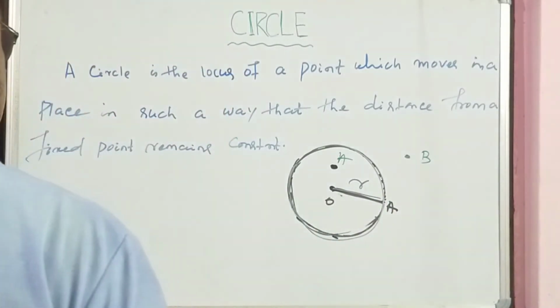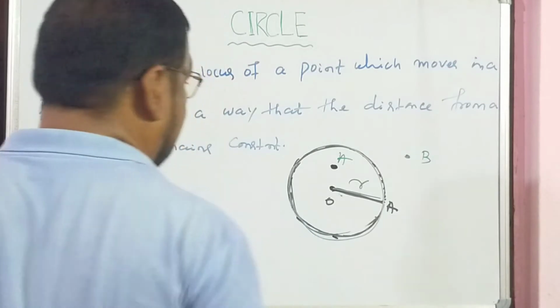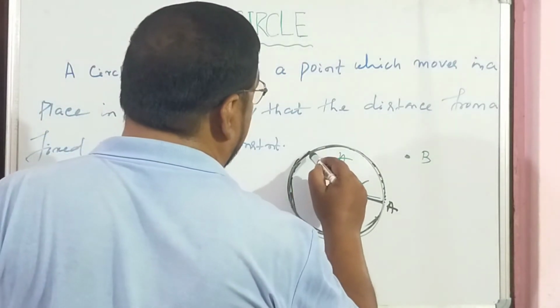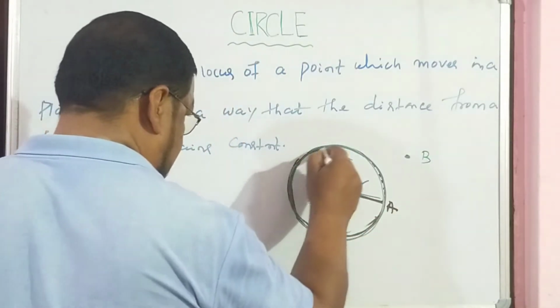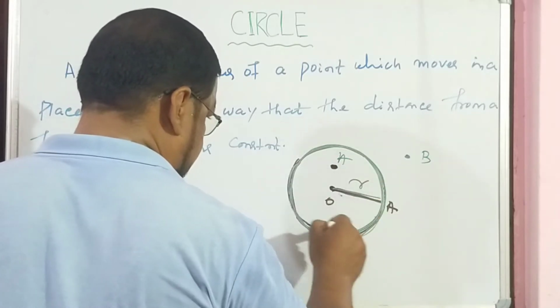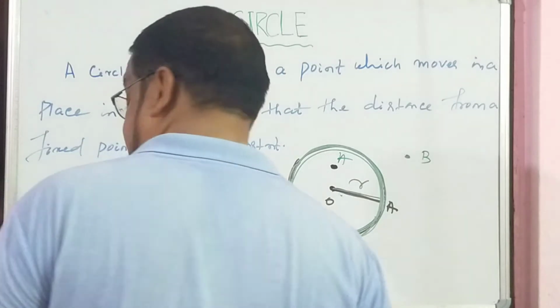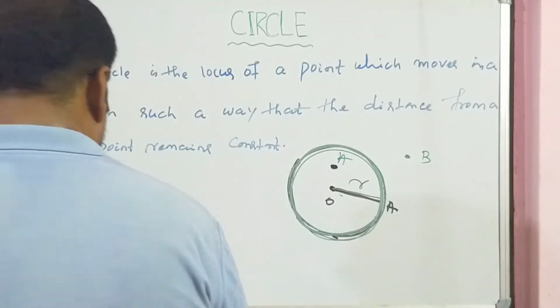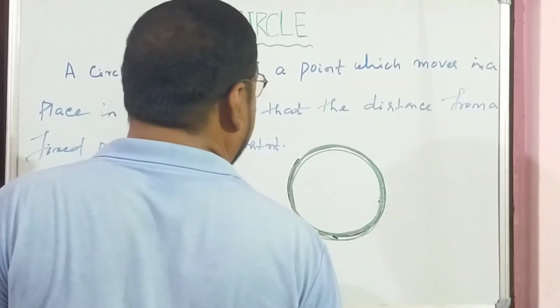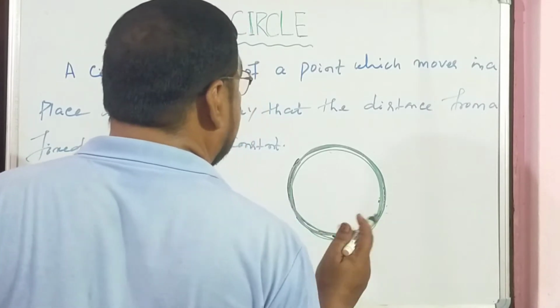What is the circumference of the circle? The perimeter of a circle. Perimeter means this is the circumference of the circle. Then what is a chord? A line segment joining any 2 points on the circle.